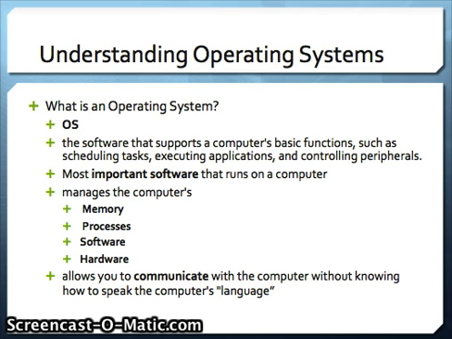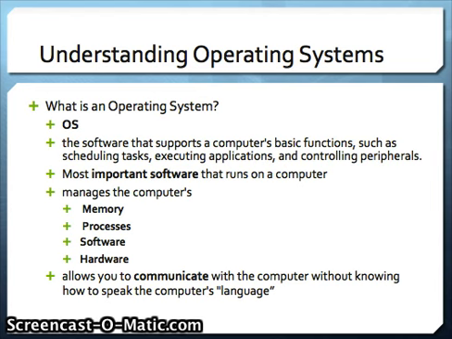Understanding the operating system: it is commonly referred to as the OS. The operating system is the software that supports a computer's basic functions such as scheduling tasks, executing applications, and controlling the peripherals.